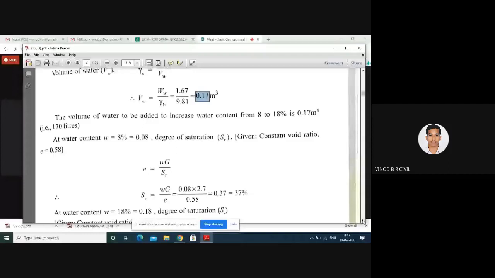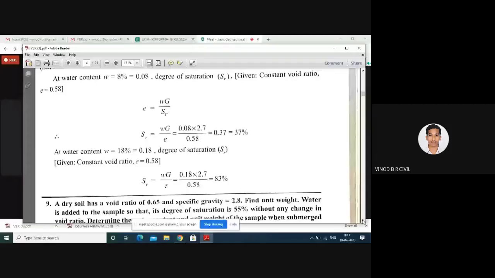Water content small w is equal to 18%, equals 0.18. The constant value of void ratio is 0.58. See, the only difference is that here water content is 0.08, nothing but 8%, and here water content is 18%.